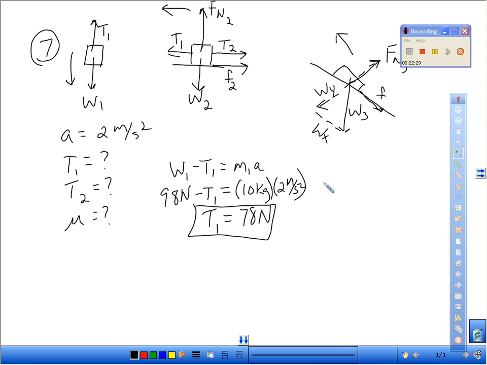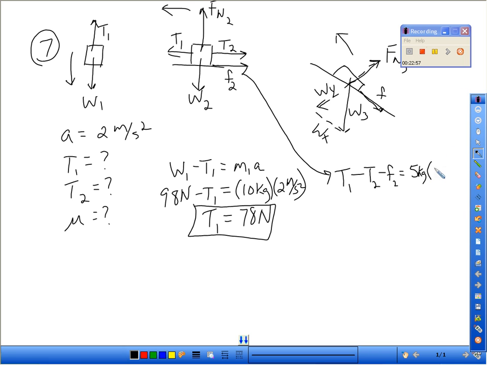Alright, if I look at this system here and try to write an equation for it, I'm going to have T1, which needs to be positive, and T2 negative, and friction 2 negative is equal to, and I didn't give you this value, but I'm going to go with 5 kilograms.